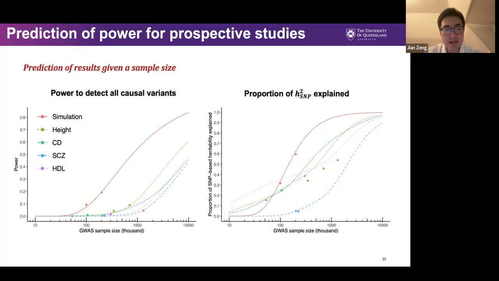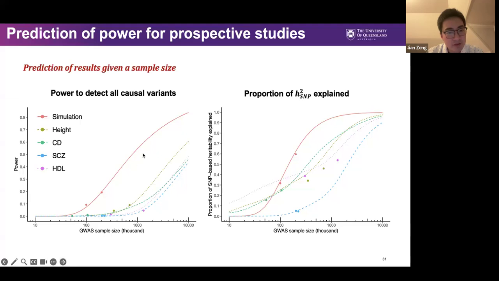Using that information in our prediction formula, we are able to predict the power to detect all causal variants, or the power to detect the proportion of the SNP-based heritability captured by the fine mapping credible sets. And so the x-axis shows the sample size in future GWAS, and y shows the power.